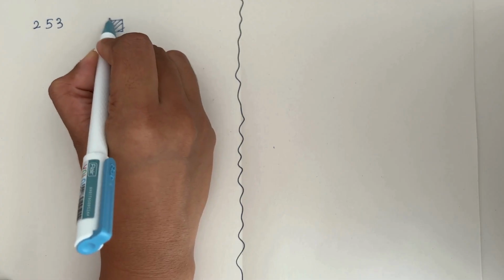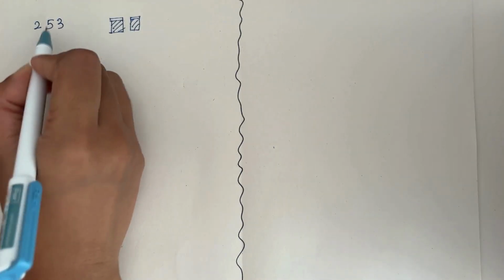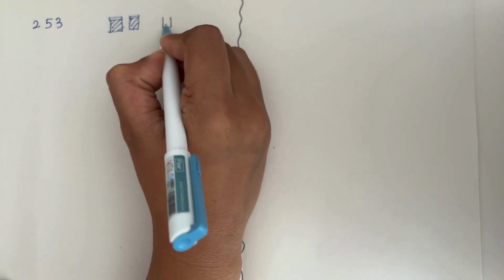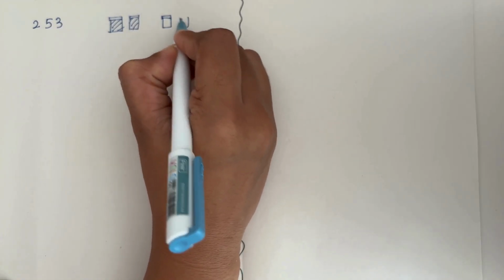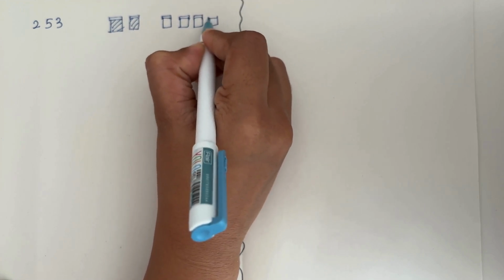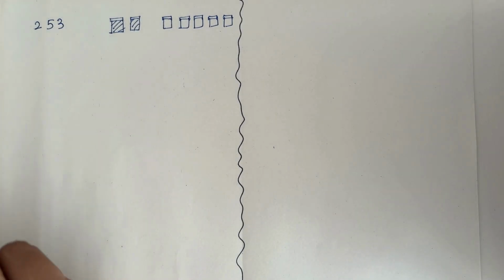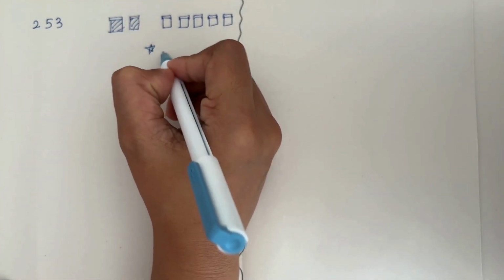That means we have to draw 2 big boxes and 5 small boxes. And here 3 single stars.